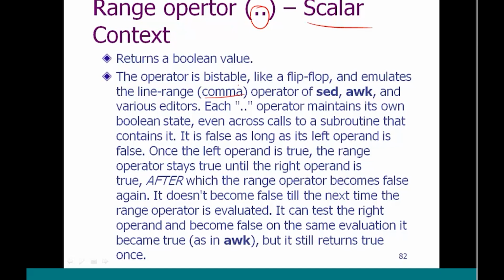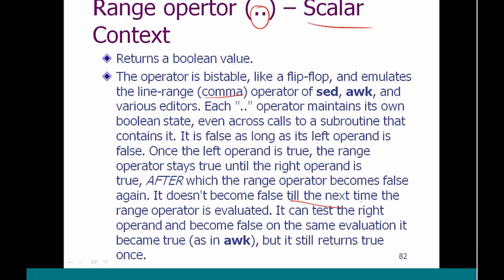The way it works is it is false as long as the left operand is false. Once the left operand becomes true, then the range operator stays true until the right operand is true, after which the range operator becomes false again. It doesn't become false till the next time the range operator is evaluated.